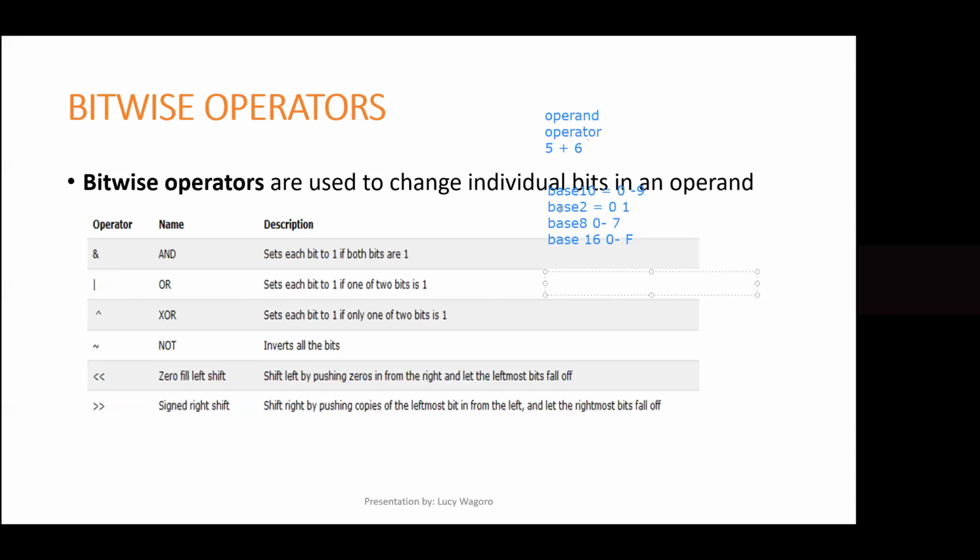I want to show how I can convert from base 10 to base 2. For instance, I can have a number 3 and I want to convert this 3 so that I read it in base 2.